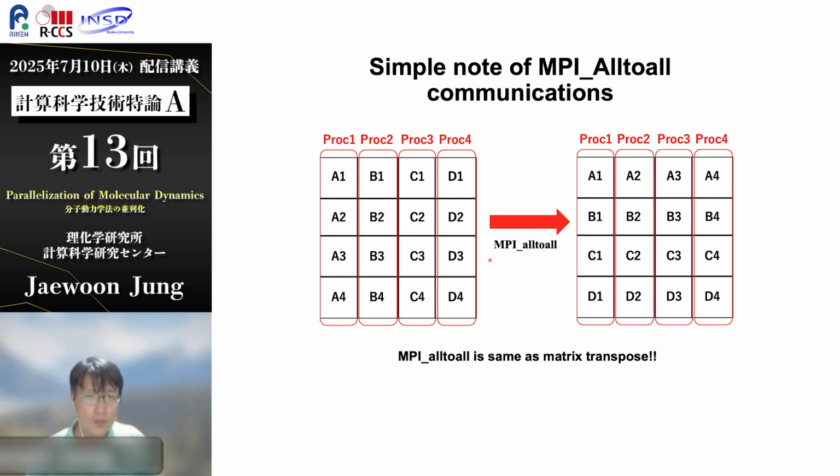If you perform MPI all-to-all, then processor 1 has the data A1, B1, C1, D1, and processor 2 has A2, B2, C2, D2, and so on. So if you compare these two matrices, you can understand that MPI all-to-all is the same as the matrix transpose. And using this, we can perform fast Fourier transformation.